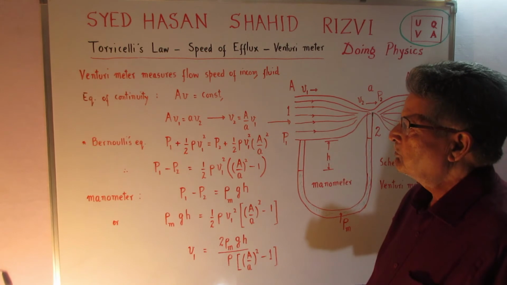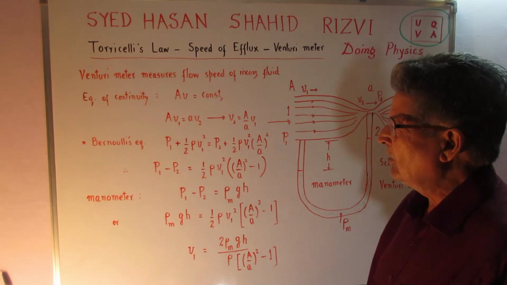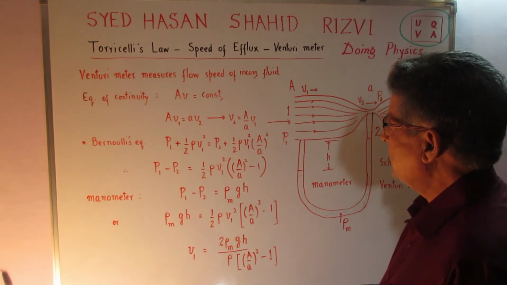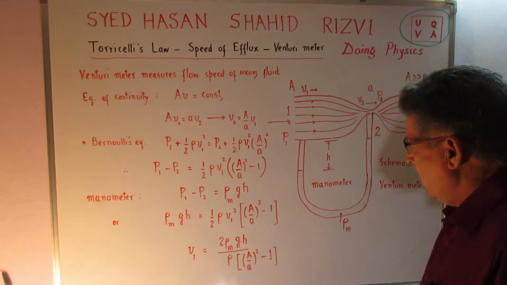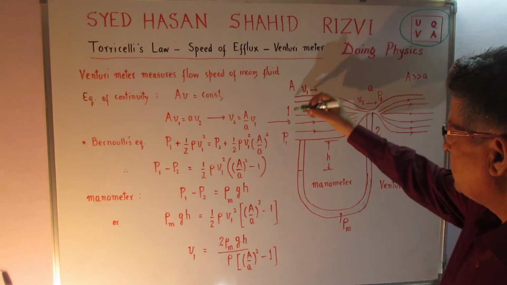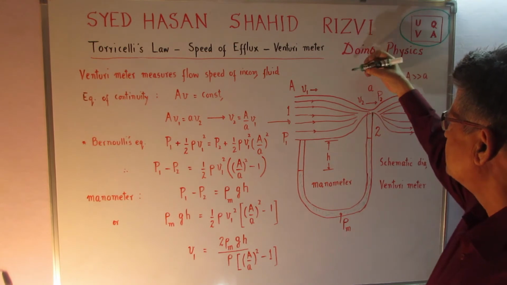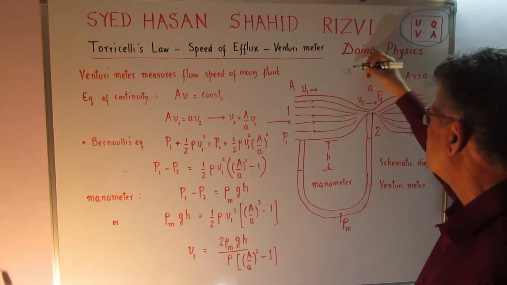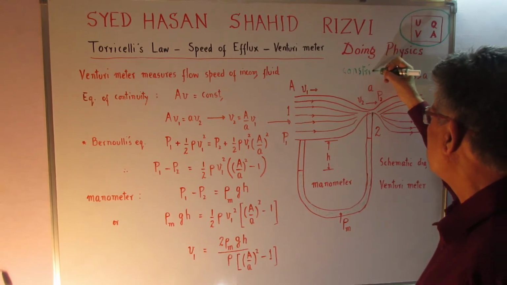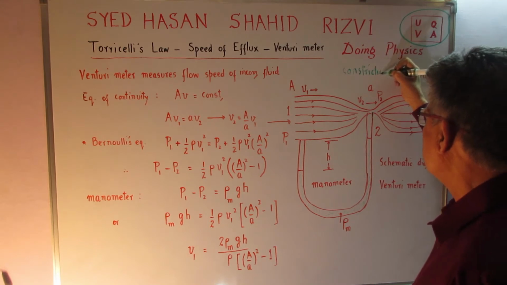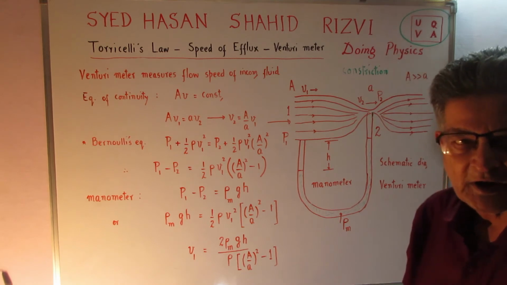Most of the fluids are incompressible, including water, and it is based on the principle that we have a pipe, and then here there is a constriction, meaning thereby that the cross section is reduced drastically.